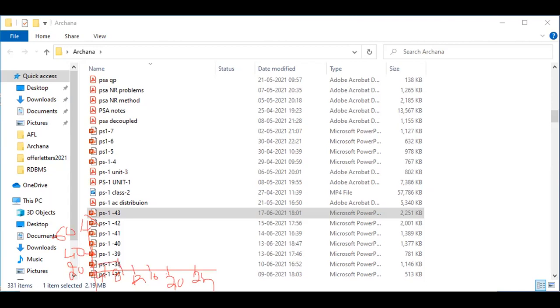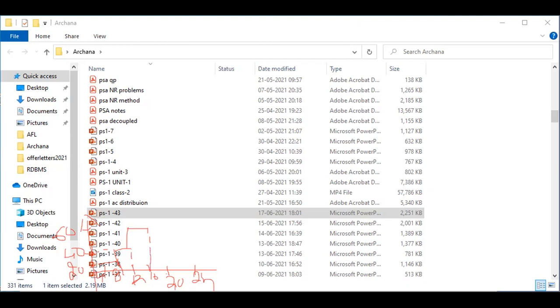After that, 8 to 12, we have 40 megawatts. Next, 12 to 16, 60 megawatts.